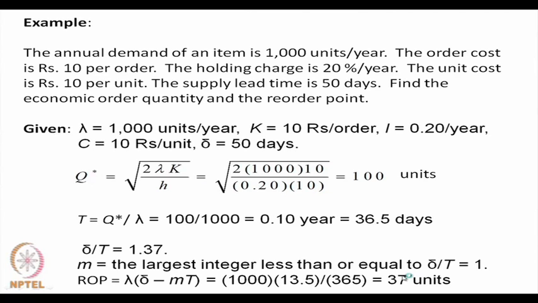Now, because this is 37 units, when the inventory level comes down to 37 units, we place an order for 100 units. So, we thus know when to order, when the inventory position comes down to 37 units, and how much to order is 100 units. This is the economic lot size.